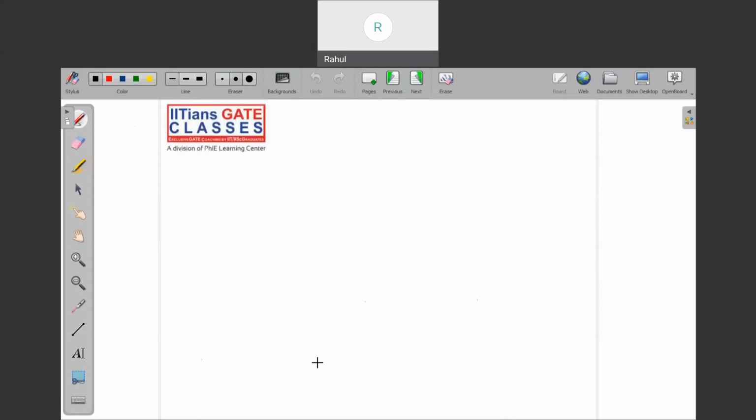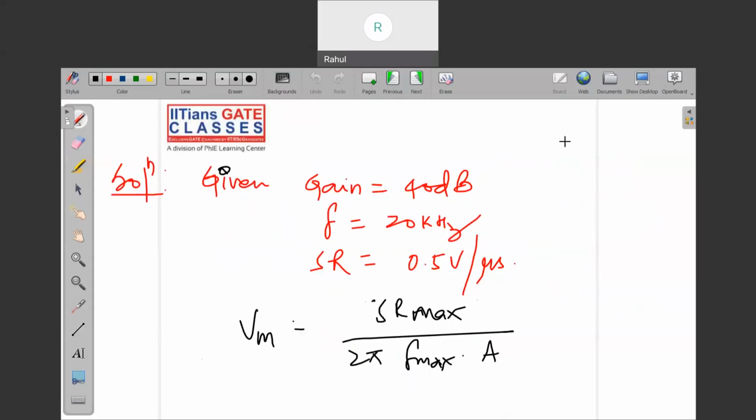Initially that formula was valid for when V out was equal to Vi, but now V out upon Vi is given. They have given some gain here, that is A. So please keep this in mind. From here you can say that V out is equal to A times Vi, and you have to find Vi only. Please keep this formula in mind.